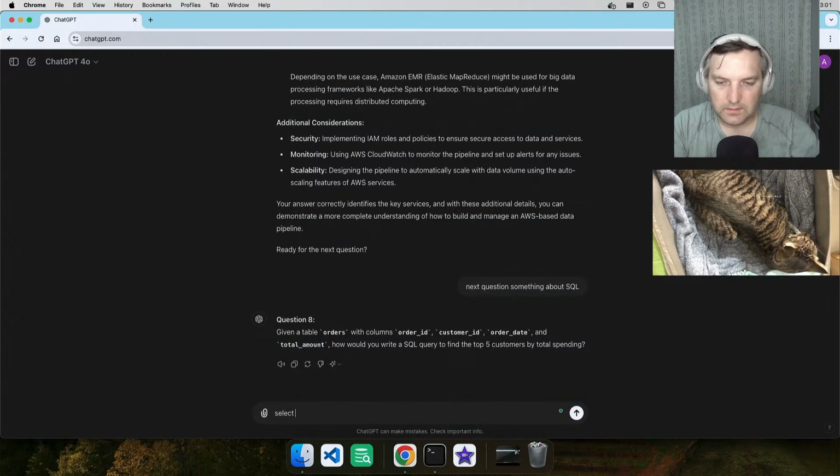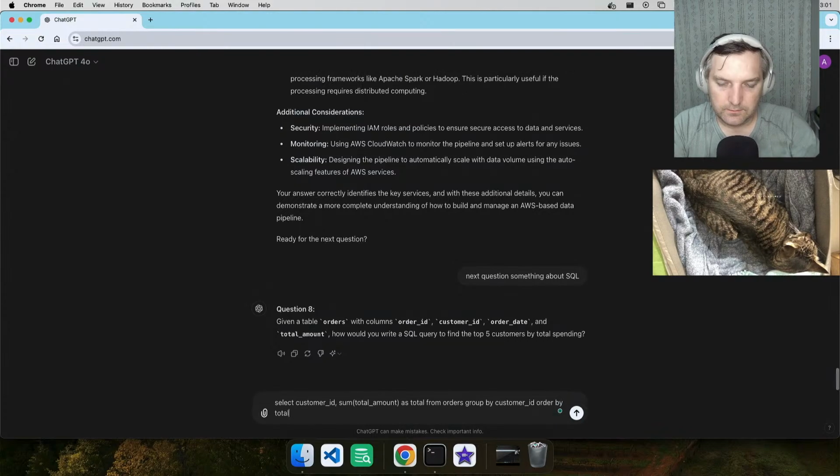So: select customer ID, sum of total amount as total from orders, group by customer ID, order by total descending, limit 5.